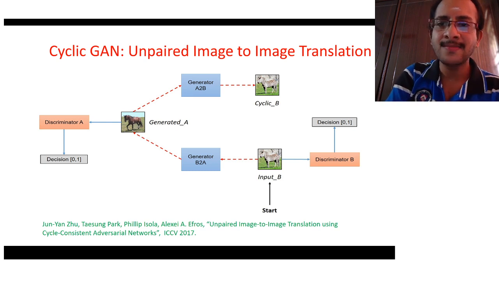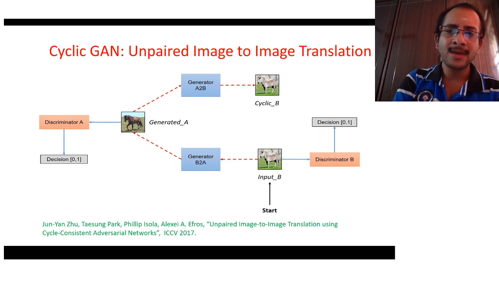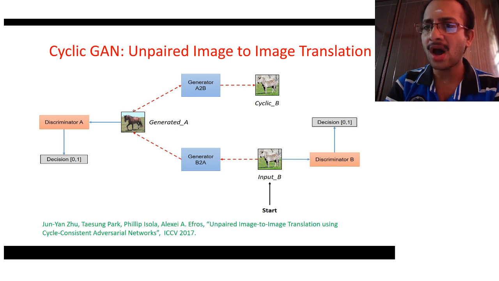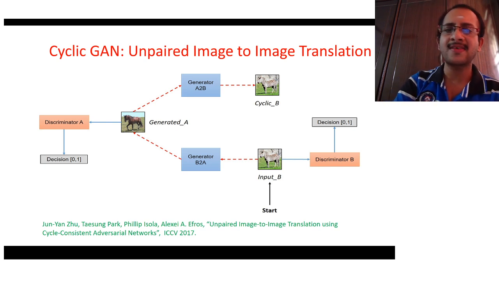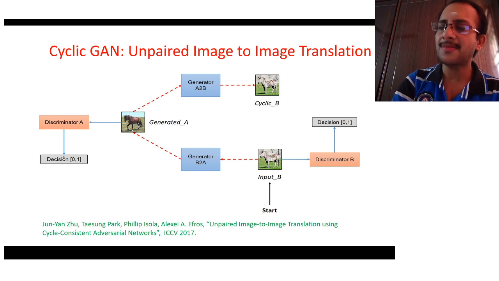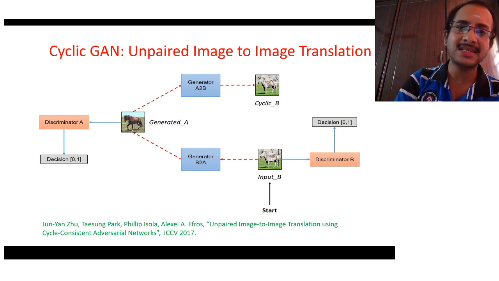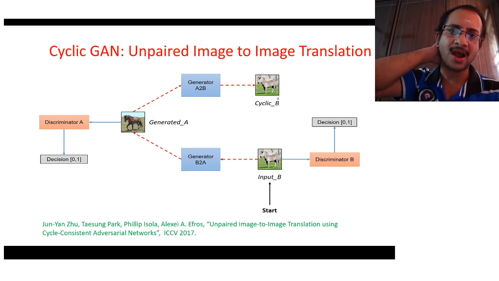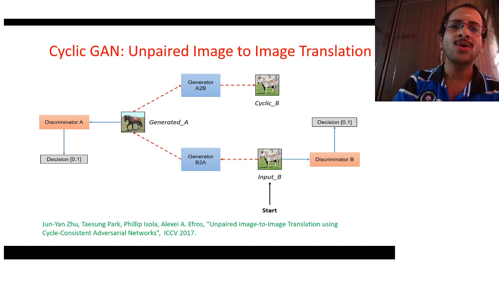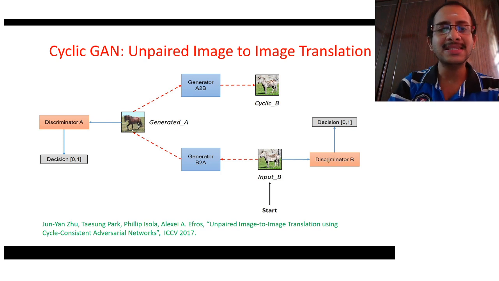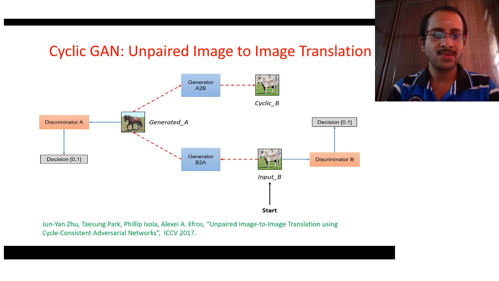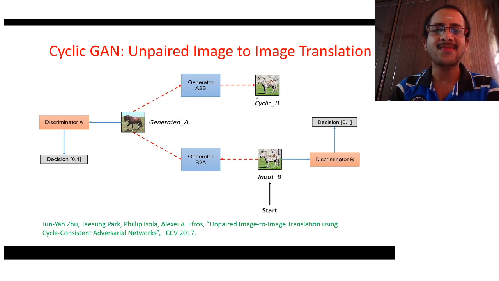Once the horse is generated, it is compared with respect to the ground truth or real horse, and the discriminator says whether this is fake or real. And then, through generator A to B, it generates the zebra here again. Now this discriminator B checks this generated zebra with respect to the ground truth zebra which we have, and says whether it is fake or real. Hence this discriminator gives feedback to this generator, and this discriminator gives feedback to that one. These are adversarially learnt.